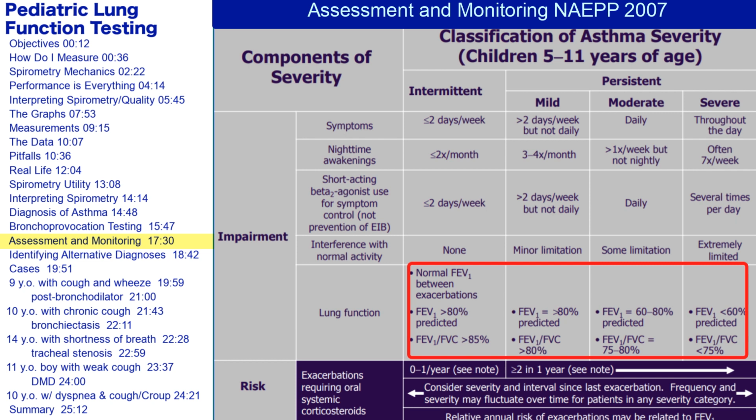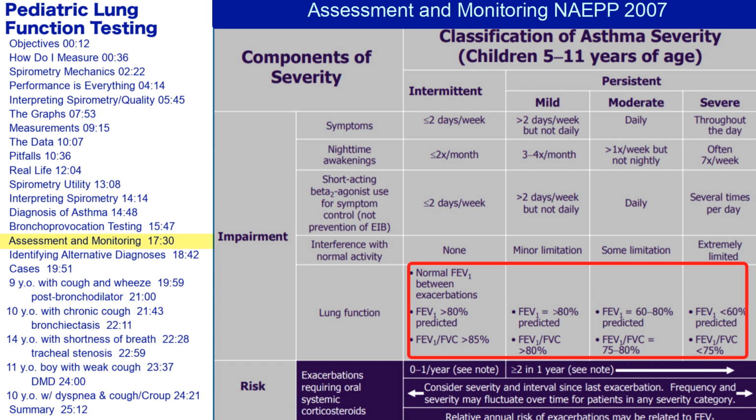In regards to how we use this in the management of asthma, I'm just pointing out that in the 2007 NAEPP guidelines, which we still operate from, we're looking at classification of asthma severity in children. There is this portion of impairment that's measured by lung function.